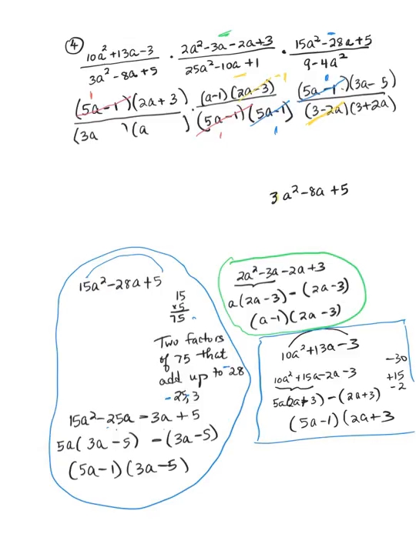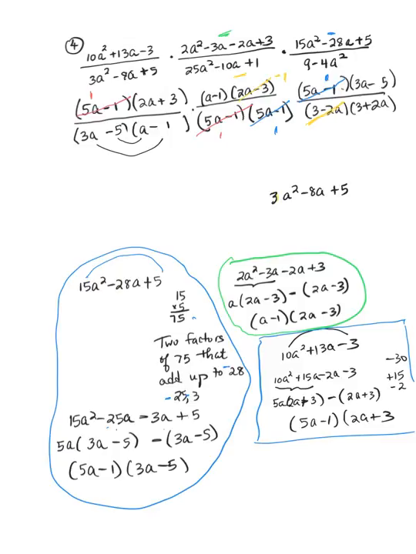My apologies. The factorization of 3a squared minus 8a plus 5 should be 3a minus 5 times a minus 1. That makes sense because this gives us a negative 5a and a negative 3a that add up to negative 8a.